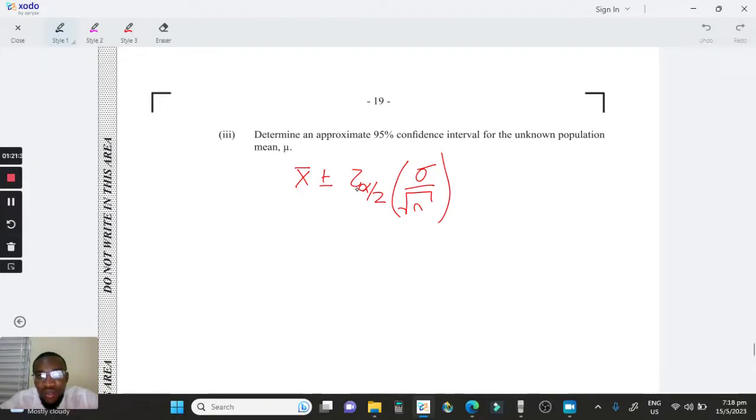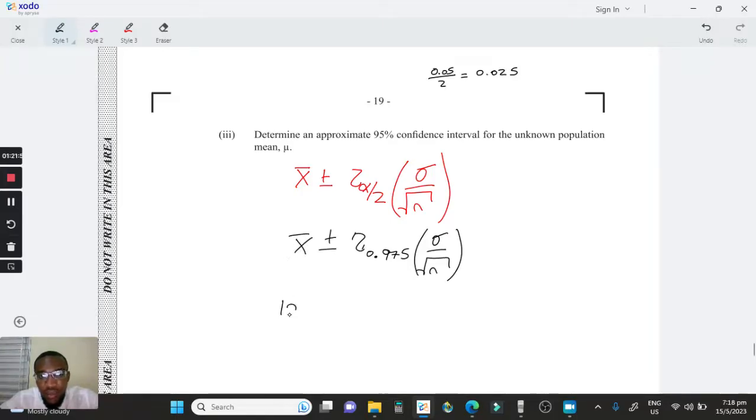Alright, so now we divide it by 2, so 0.05 divided by 2 is 0.025. So really what we're looking for is z of 1 minus this, we're looking at z of 0.975 in bracket sigma over square root n plus or minus bar x.